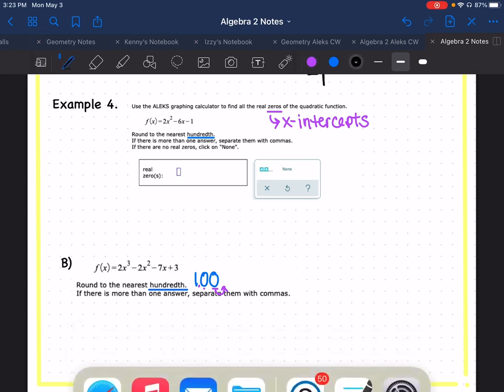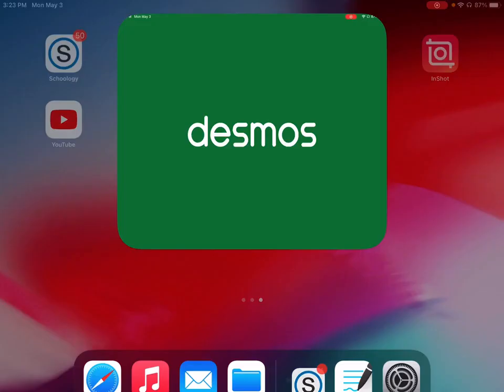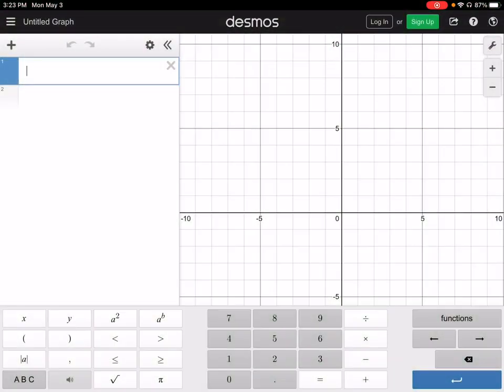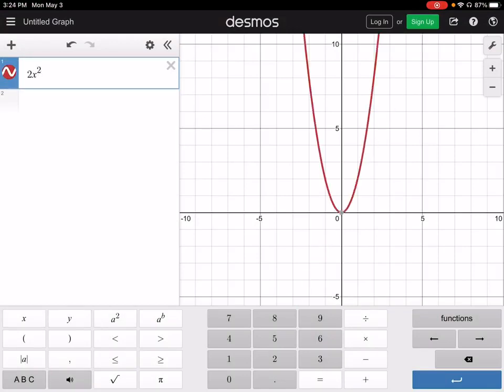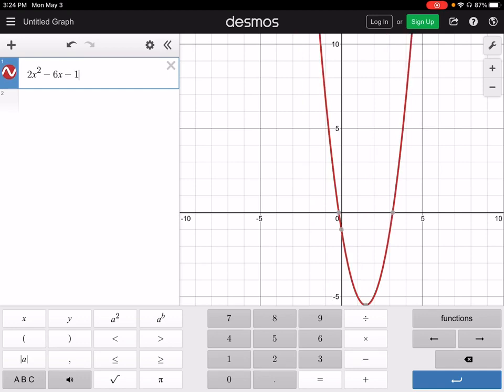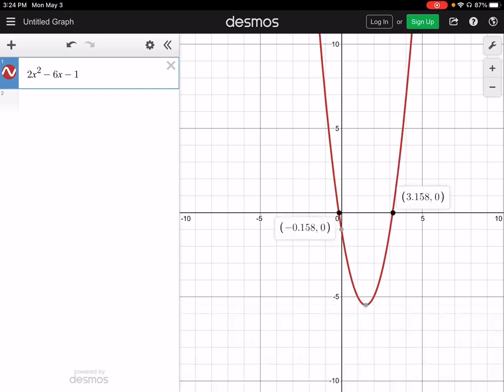Oh, I don't have it. That's okay, it's right here. All right, here's the first one, the quadratic, x squared minus 6x minus 1, it said. All I have to do is click on the two x-intercepts right there, and notice that Desmos does have the two, they already have them rounded for me, but they rounded to the nearest thousandth because they have 3 numbers after the decimal.